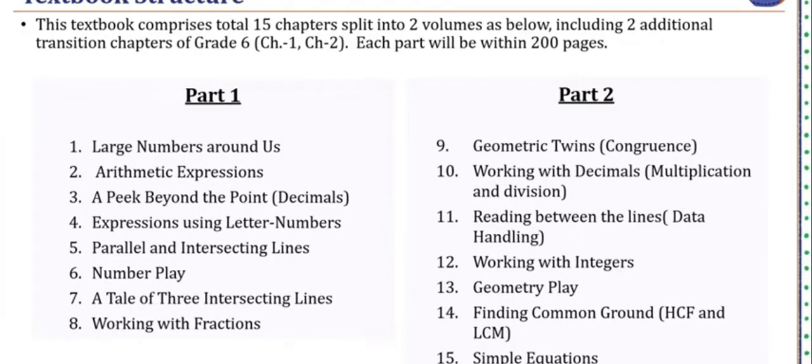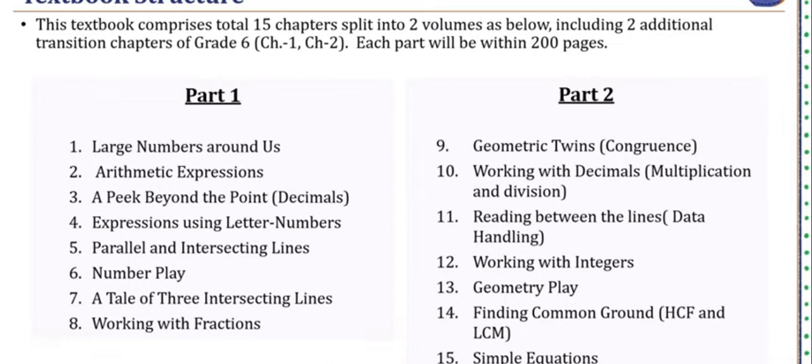You can see that there is a variety of things here. It is a combination of number system, geometry, statistics, and all these things are intertwined together in different ways. So the placement of the chapters is an important part here.